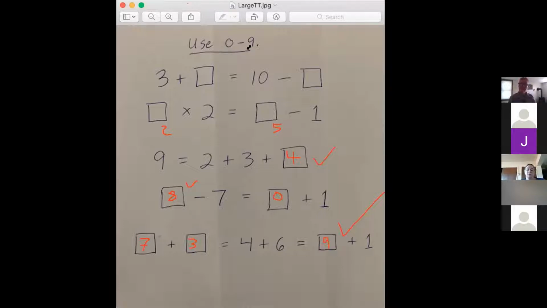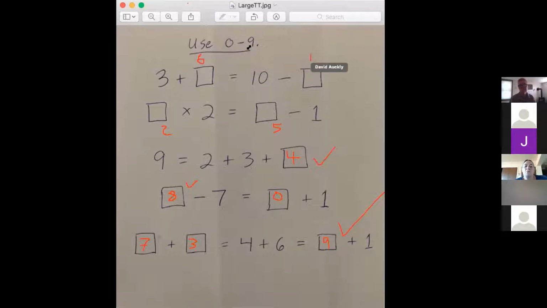Yes, because then it would make the top one 3 plus... I had it in my head and then I lost it. 3 plus 6 equals 10 minus 1. And is that a possibility or a must?